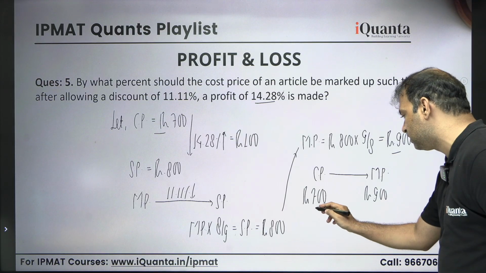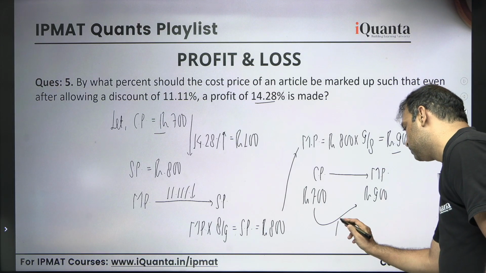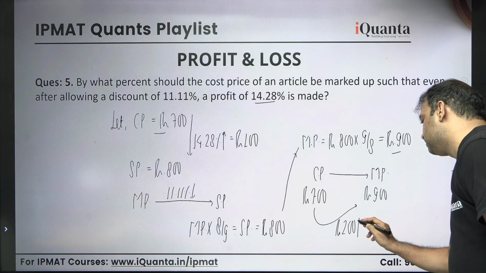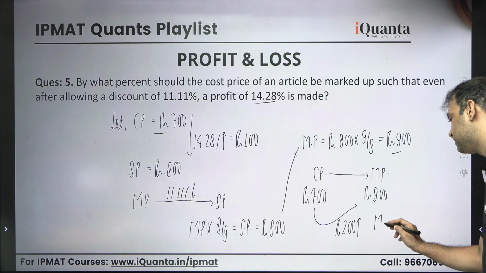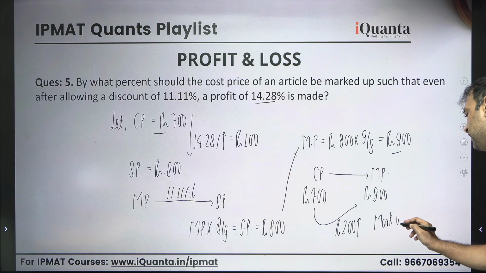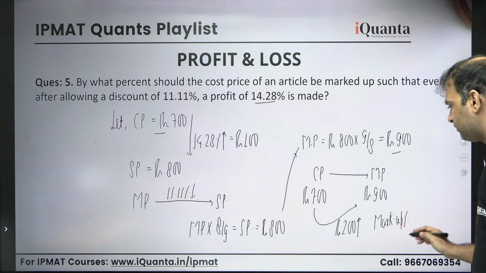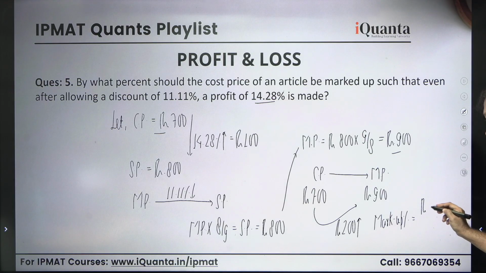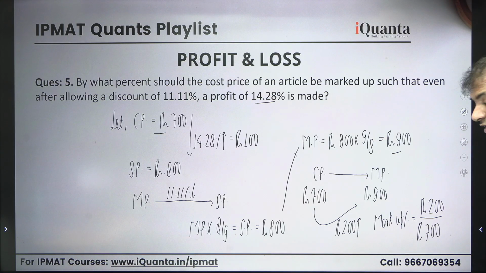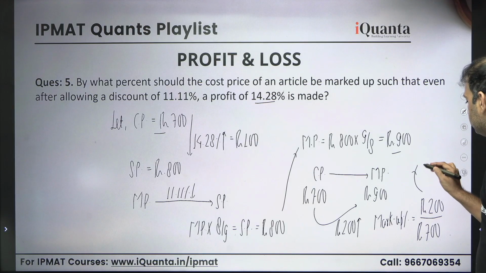The amount of markup we'll say is 200, the increment, and finally the markup percentage. So guys, markup percentage, we know, is always calculated with respect to the CP. The amount of markup is 200, and CP we know is 700. So we have to calculate that 200 is what percentage of 700, which we can also say as 2 by 7.